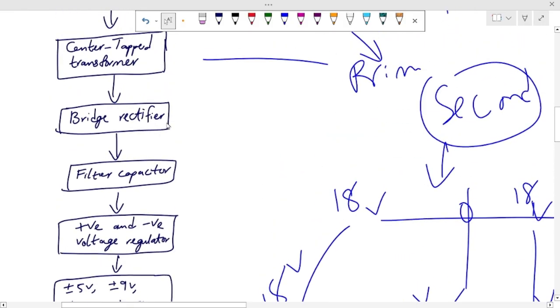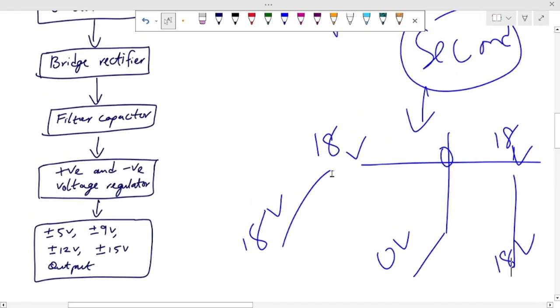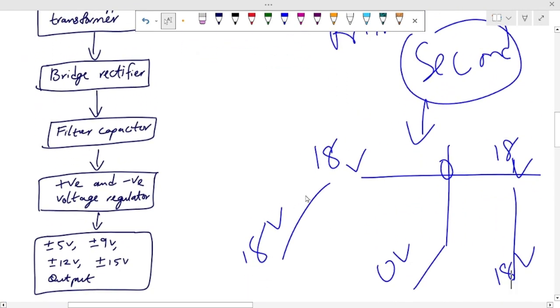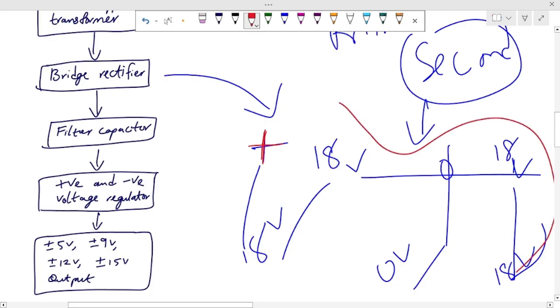These two, we are going to pass them through a bridge rectifier. What the bridge rectifier does is to convert this AC to DC. Are we following? So from the bridge rectifier, one of the sides will now be positive, and the other side will be negative.